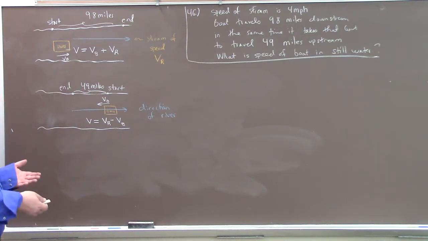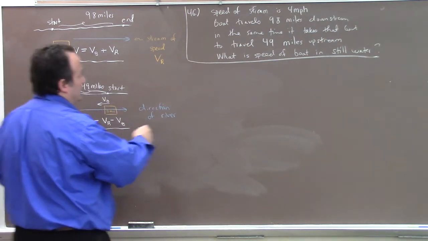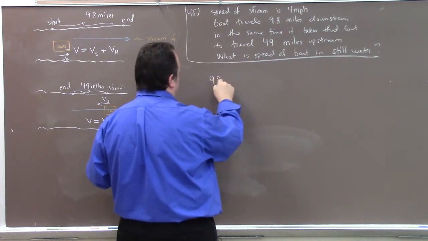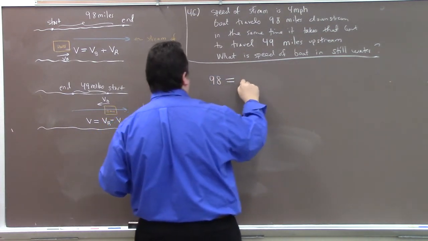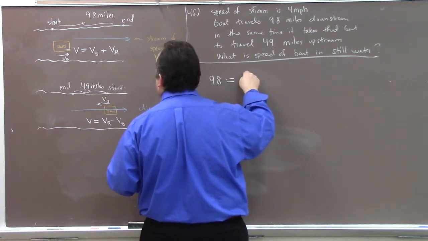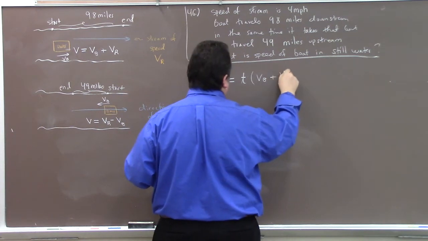And in both cases, we have velocity times time is distance. So in situation 1, we have 98 is equal to the time, whatever time it takes, times VB plus VR.